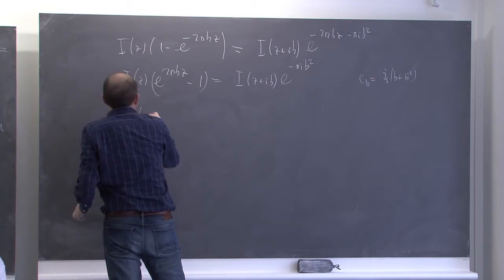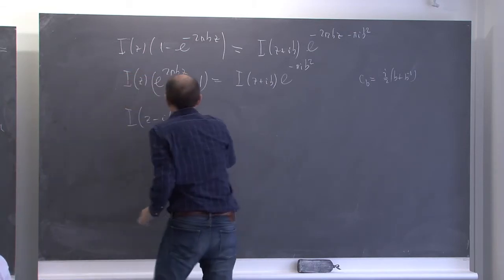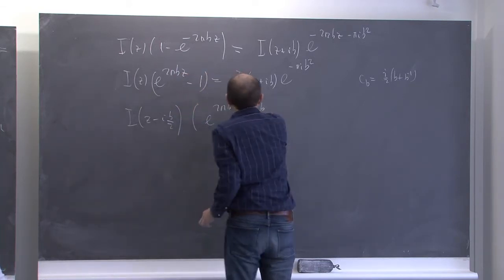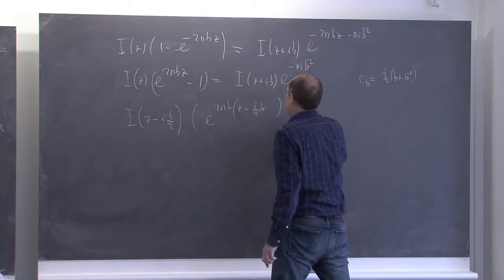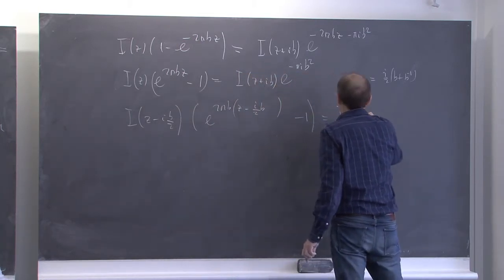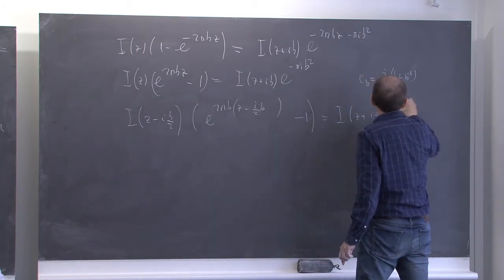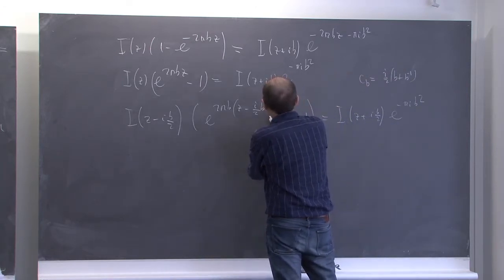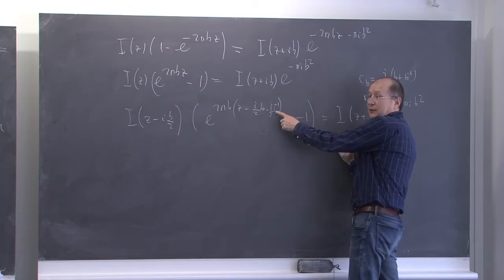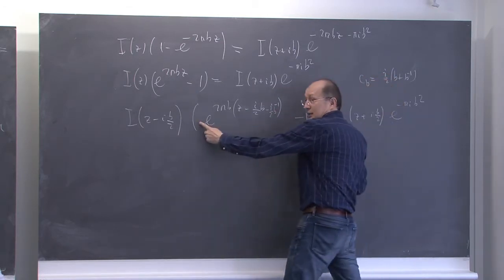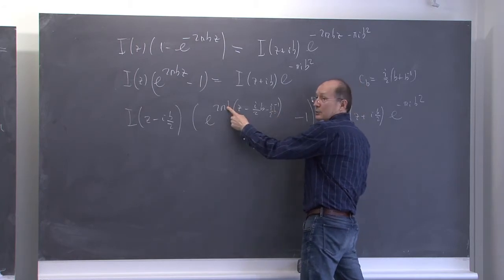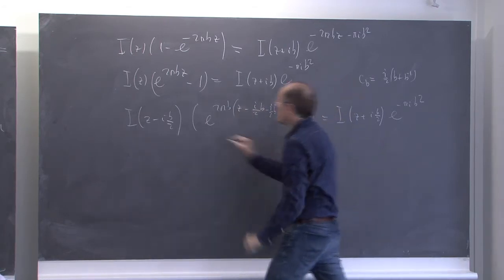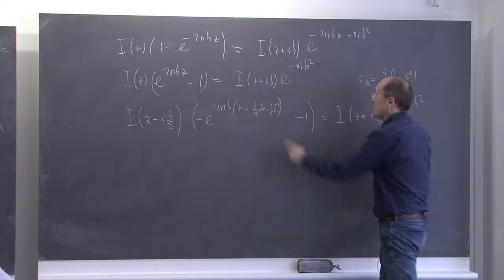So I of z minus ib half times e to the 2 pi b z minus ib half minus 1 equals I of z plus ib half times e to the minus pi i b squared. And now here I can insert minus i half b inverse. But the effect of inserting this term is changing the sign in front, because b inverse cancels b, 1/2 cancels 2, and what remains is minus pi i, which is minus. So I put minus here, so nothing has changed.